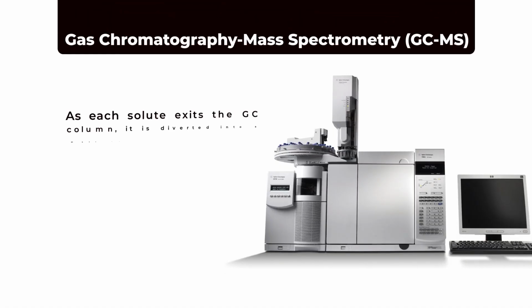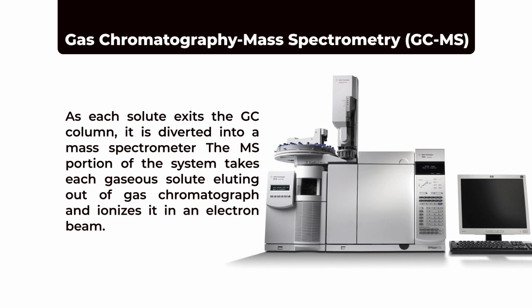So let us talk about gas chromatography with mass spectrometry, hyphenated GC-MS. Each solute eluting from the column is diverted to the mass spectrometer, the MS portion of the system. Each gaseous solute eluting out of the gas chromatograph goes to the mass spectrometer detector, ionizes there, and forms an ion beam.